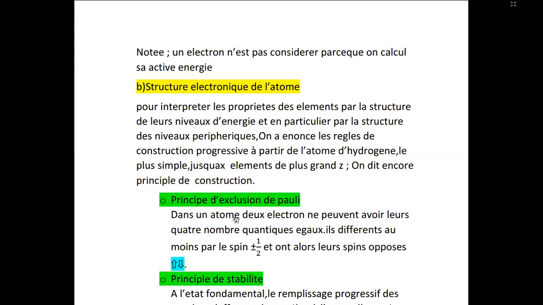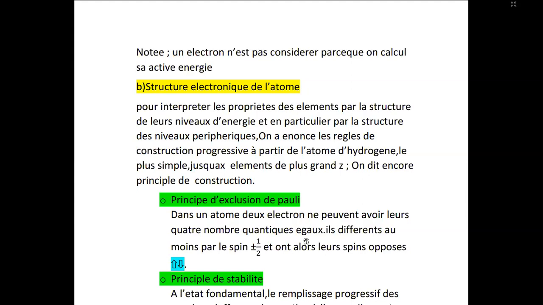So you know that in an atom, 2 electrons can never have their 4 nombres quantiques égaux. What do I mean? We have N, the principal number, L, the secondary or subshell number, M, the magnetic number, and we have the spin.